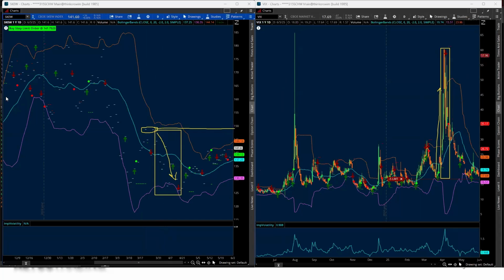And then the VIX comes back down and skew starts to rise again. Where it becomes a little more challenging, or not quite as straightforward, is we're not really dealing with a bounded oscillator here where there are well-defined limits or extremes.